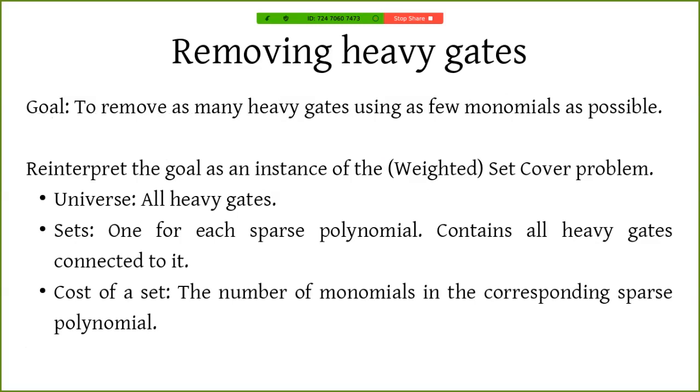Then we reinterpret the goal of removing heavy gates as an instance of the weighted set cover problem. The universe of this instance is the set of all heavy gates, and the collection of subsets of the universe, which we can use to cover the universe, contains one set for each sparse polynomial, and this set contains all heavy gates connected to that sparse polynomial.